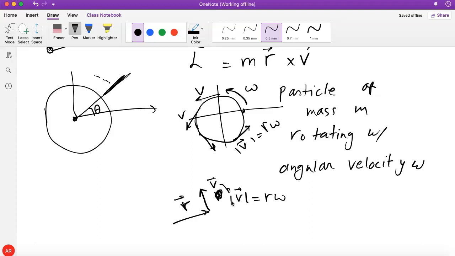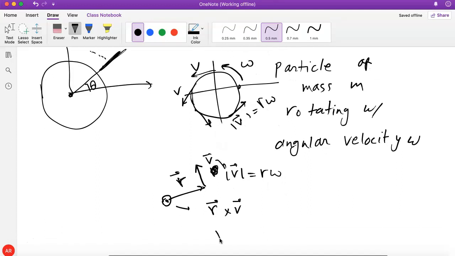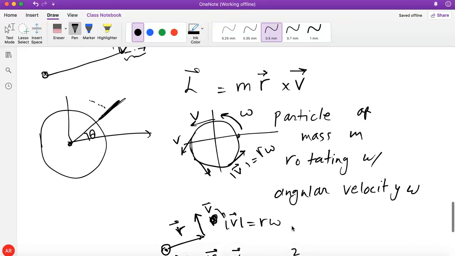Now if I find this cross product, r cross v, it's a vector coming out of the plane, and because they're perpendicular, its length is just the length of r times the length of v, which is r squared omega.